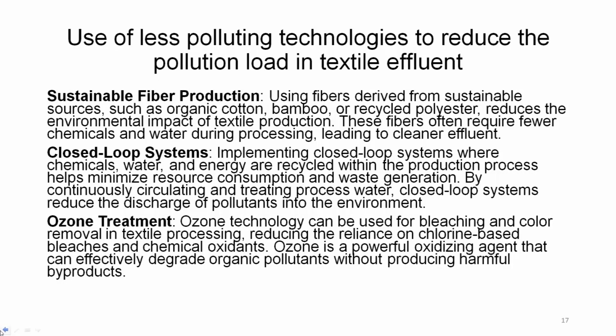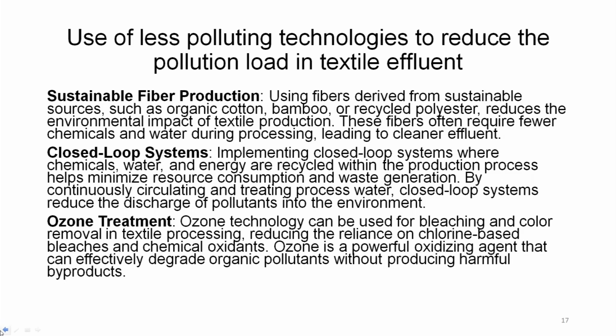Sustainable fiber production. Using fibers derived from sustainable sources such as organic cotton, bamboo or recycled polyester reduces the environmental impact of textile production. These fibers often require fewer chemicals and water during processing, leading to cleaner effluent.